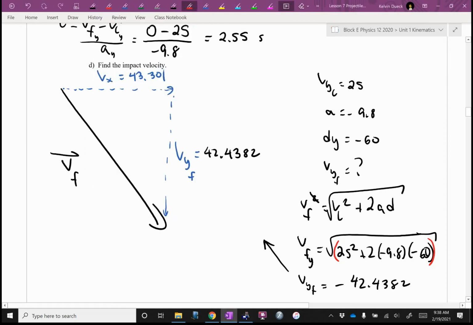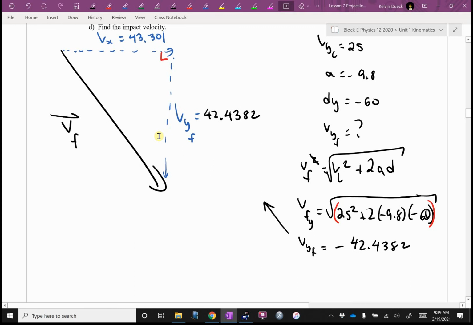Hey, how can I figure out the magnitude of V final? Pythagoras. Remember I said the math here isn't tough, it's just lots of room to make mistakes. Pythagoras is math 8. I mean, it's yucky numbers here, Jordan, but this is math 8.